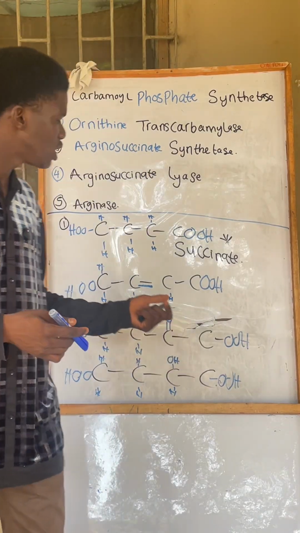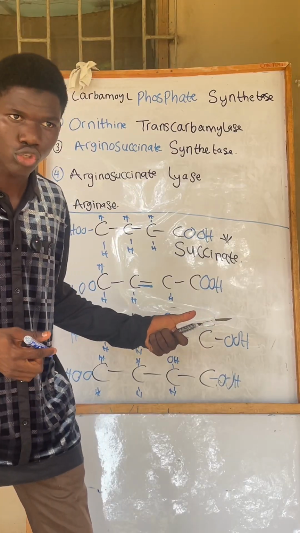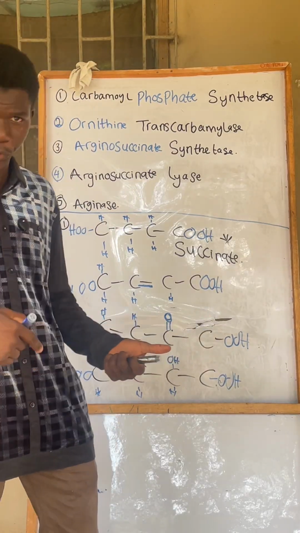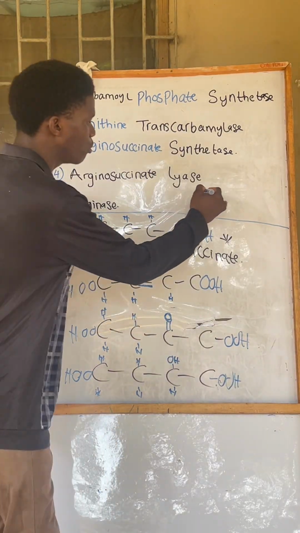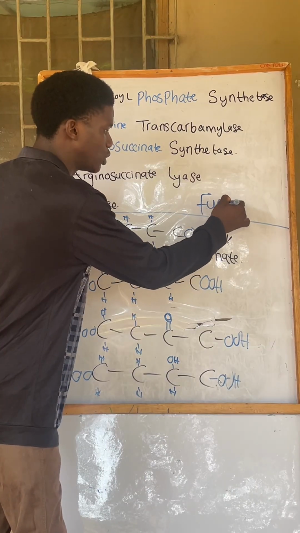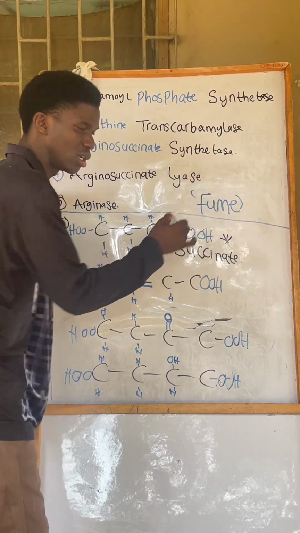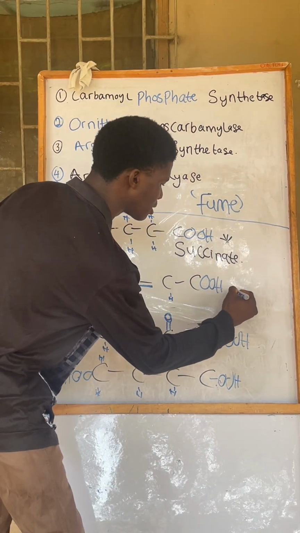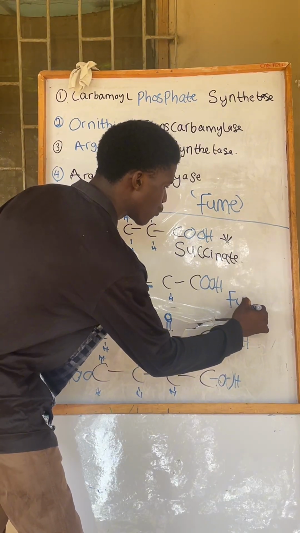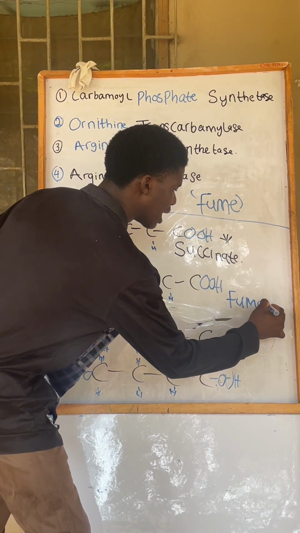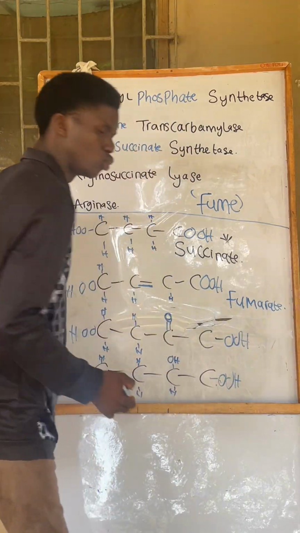So this one that has double bond is called what? Fumarate, from film. Fume, from film. When you have your double bond, you get a film, right? So you call it fumarate. Do we understand it?